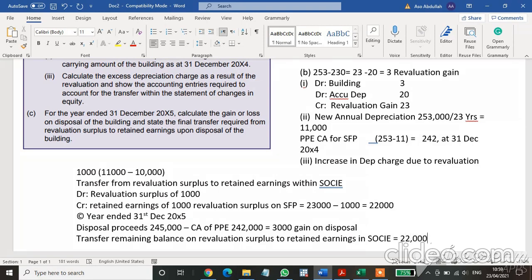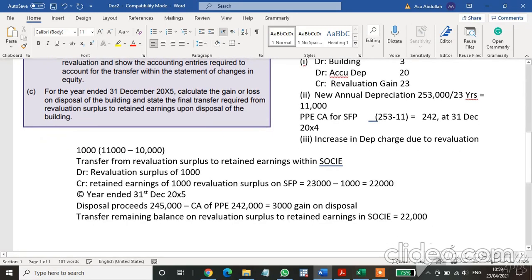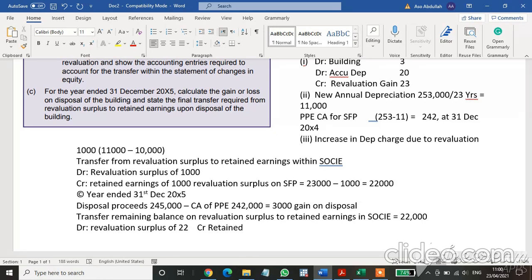This is what we gain after disposal. So debit revaluation surplus of 22,000 and credit retained earnings. Why credit? Because anything under equity is credit, and retained earnings is income anyway, of 22,000. Okay, thank you.